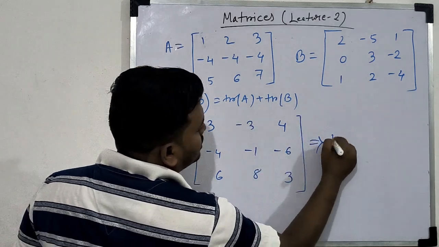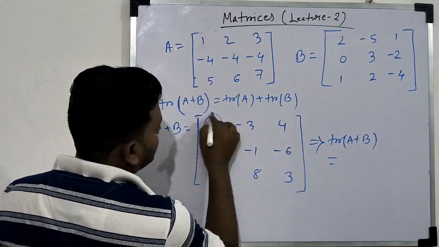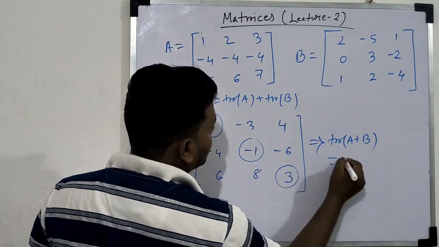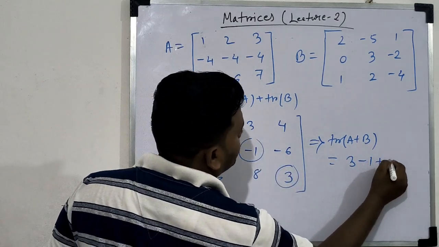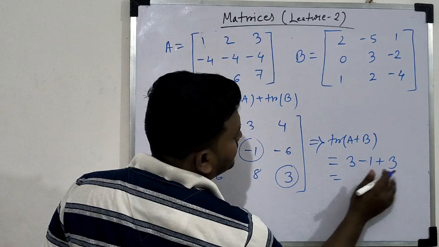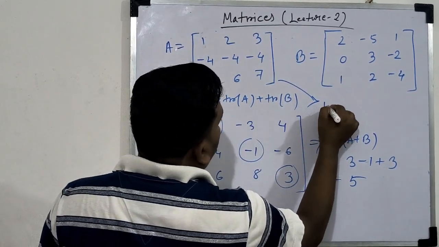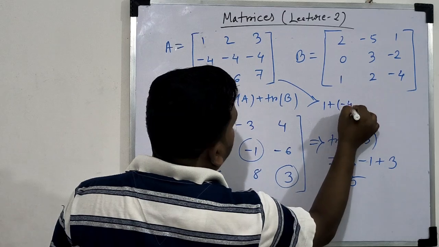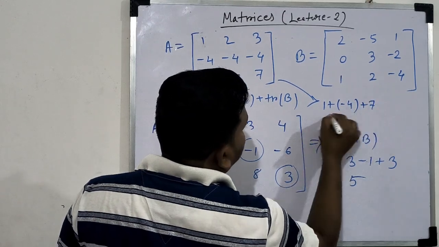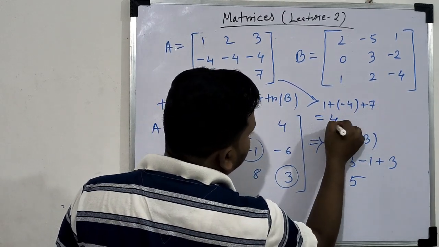So trace of A plus B is 3 plus minus 1 plus 3, that is 6 minus 1, that is 5. And the trace of this matrix A is 1 plus minus 4 plus 7, that is 8 minus 4, that is 4.